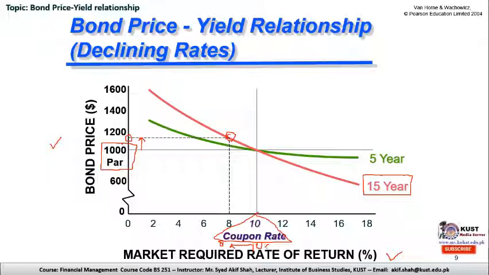So our statement has been endorsed: when there is a decline in the market required rate of return, the bond prices will increase. It means that after this change, the bond will be selling at a premium price.